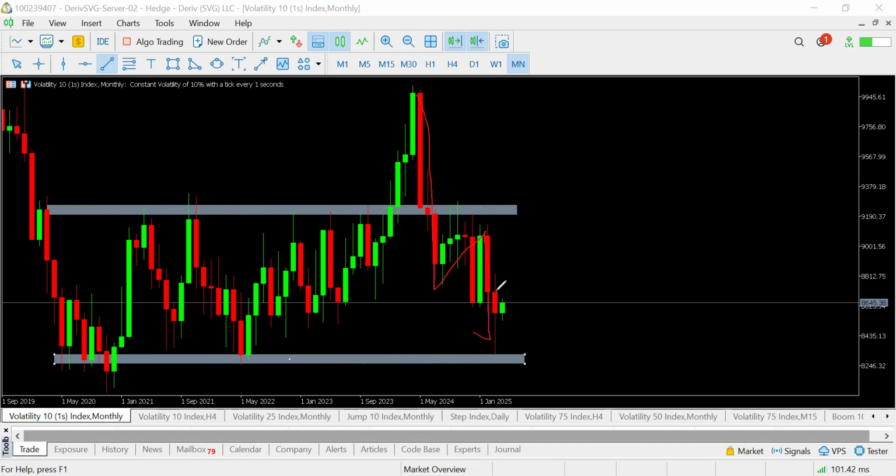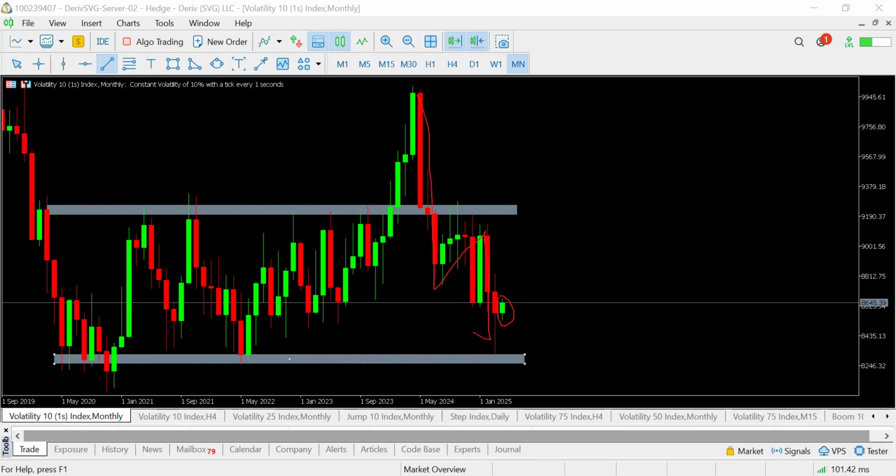However, we can see there's a big rejection candle from the base of the initial range, and more buyers are trying to enter the market. We will get more information when we go down to the lower time frame. But for now, it's in a downtrend and there's currently some sort of retracement.